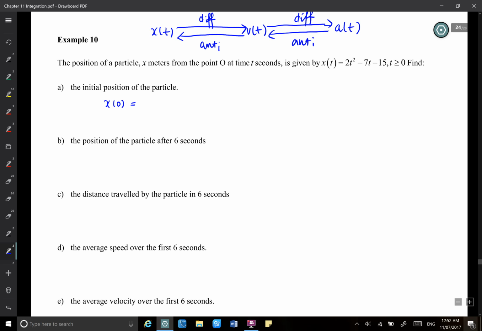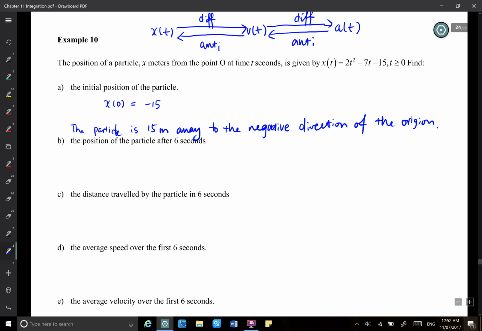So I want to find x0. So x0 is negative 15. I can say the particle is 15 meters away to the negative direction of the origin.